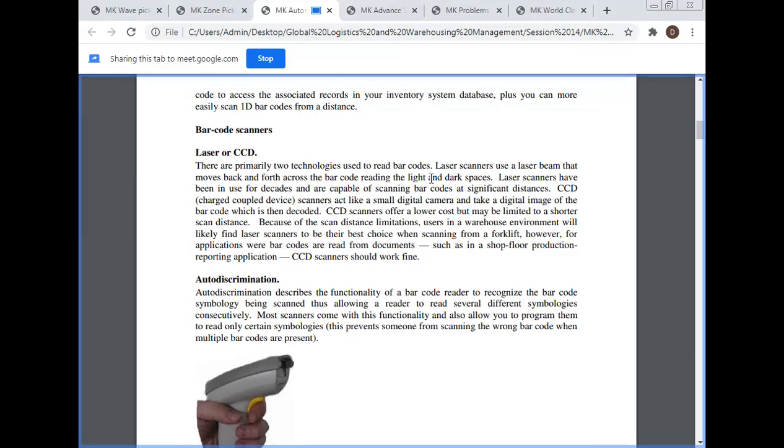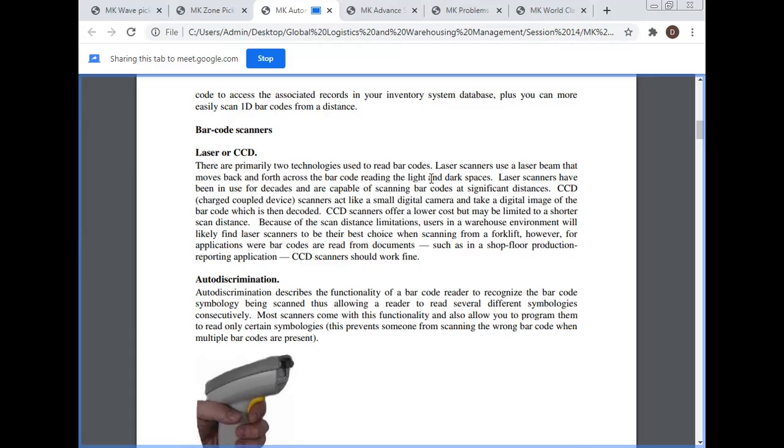Laser scanners have been used for decades and are capable of scanning barcodes at a significant distance. CCD, charge-coupled device, scanners act like a small digital camera and take a digital image of the barcode, which is then decoded. CCD scanners offer a lower cost but may be limited to a shorter scan distance.